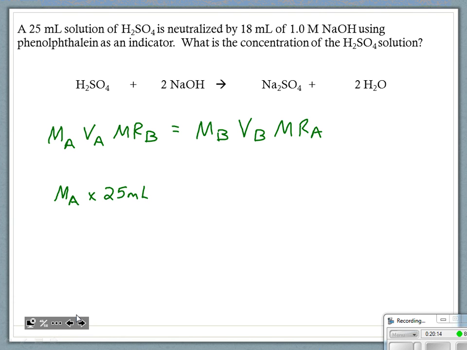If I have consistent volumes, it doesn't matter what label it is. I don't have to have liters. I don't have to have milliliters. I just have to be consistent. So if I have milliliters for the volume of my acid, what should the volume of my base be in?